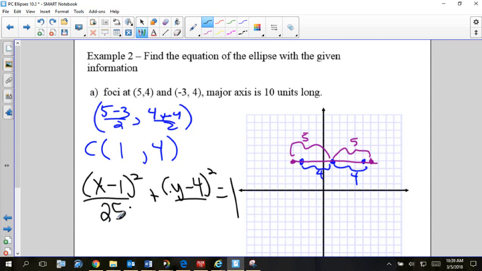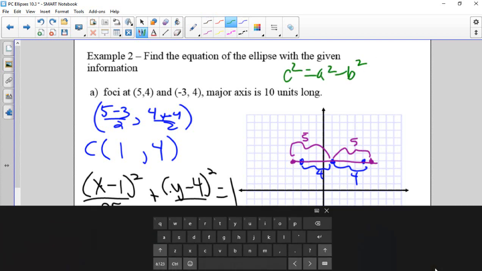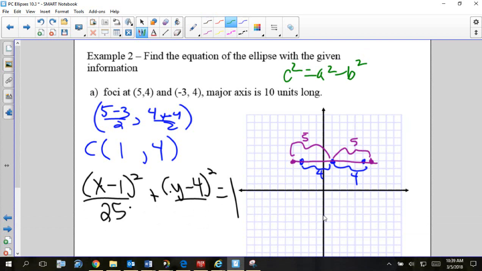So we just have to find what's under the y, but we don't know anything about how big that is. So you're going to use your foci equation and plug in. The bigger one is 25, because that's the major. We don't know what's under the y squared, but we can find the c squared.